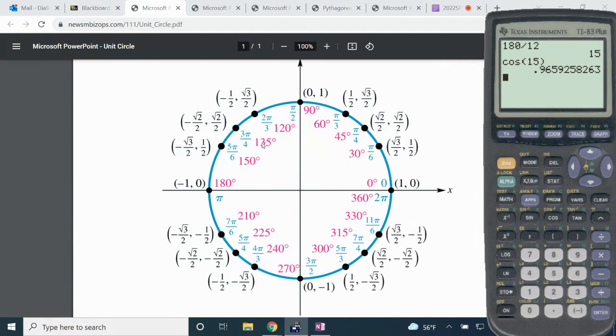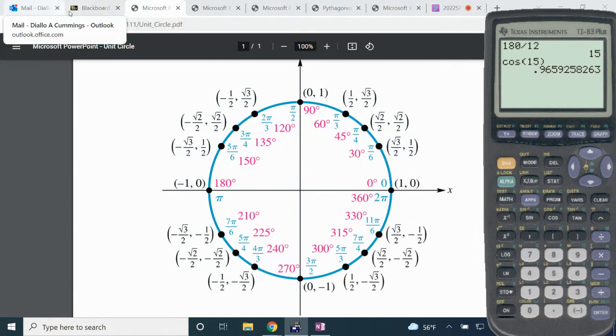I can also get a 15 by using 135 minus 120. I'm bringing this up because it does not matter which angles you use, as long as the difference is 15 degrees. Normally you want to use angles that are in the first quadrant, because they're easy to work with.